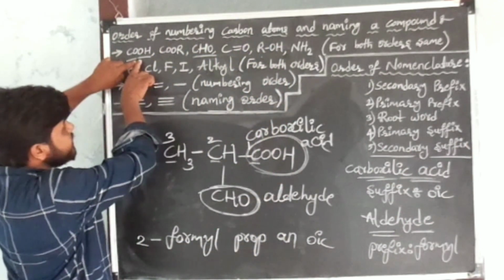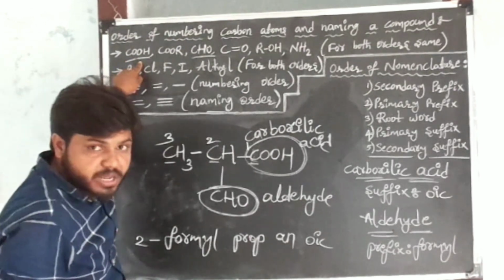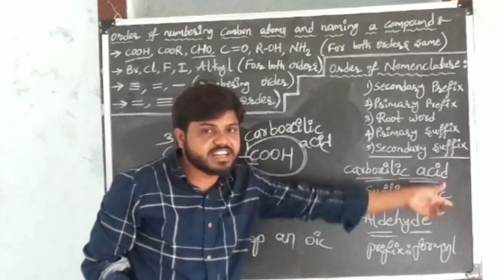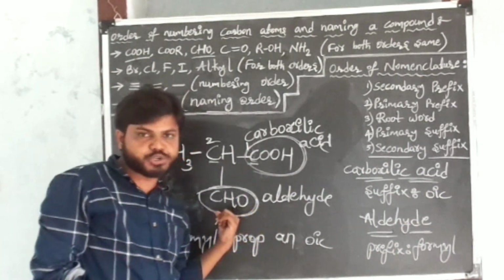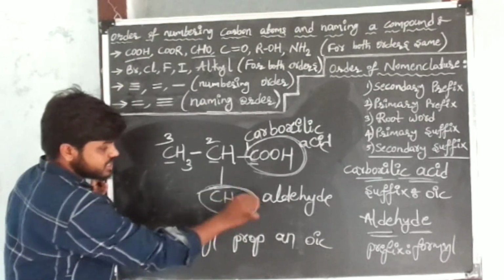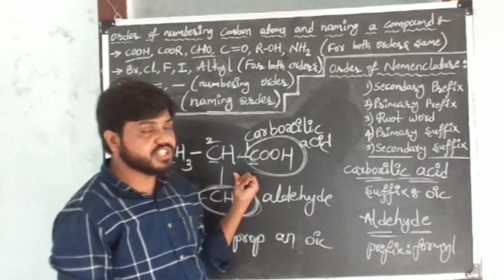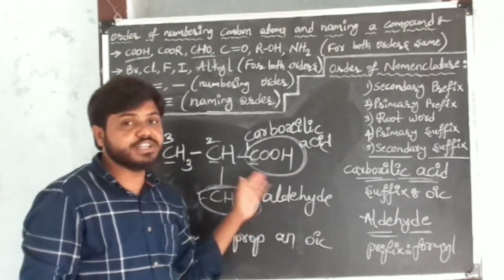See the priority: carboxylic acid and aldehyde. Give the priority to carboxylic acid. So this carboxylic acid will become the secondary suffix and this aldehyde will become the secondary prefix, meaning substituent. First give the numbers to each carbon atom in such a way that this acid should get the first number.